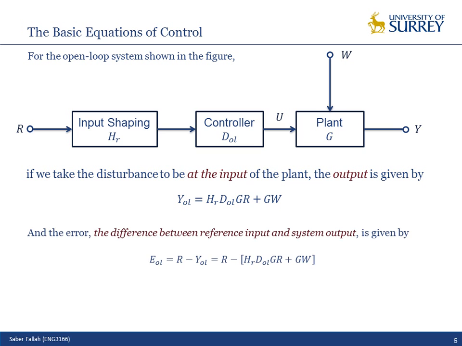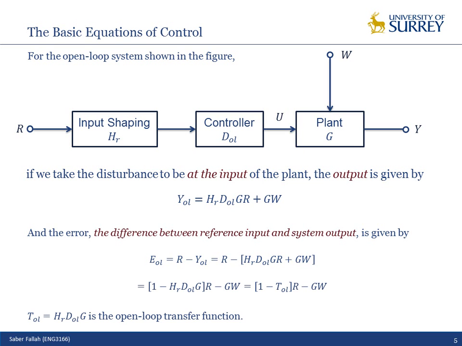If I define the error as the difference between the reference input R and the actual output of the system, and I substitute the response into this relation, I will get this difference. After some calculation, the error will be (1 minus T) R minus G W, where T is the transfer function from R to Y.